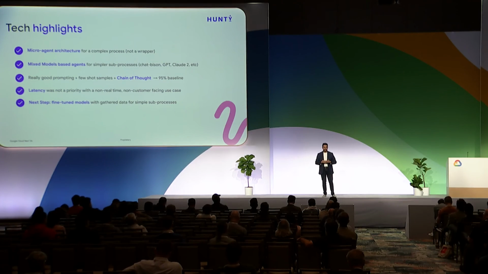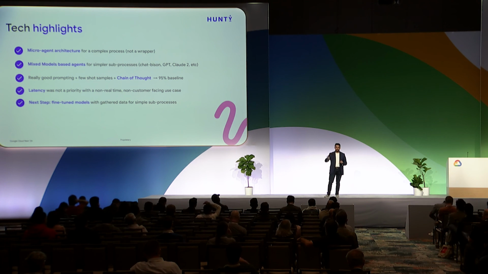Latency is another very interesting point here. Akanksha also framed that. It was not a priority for us because we used the heavier models, the models with the larger inference time, for use cases that are not real-time and not customer-facing. For example, when I'm interacting with a candidate, the agent that is interviewing the candidate is a relatively light model, so the answers are very fast.